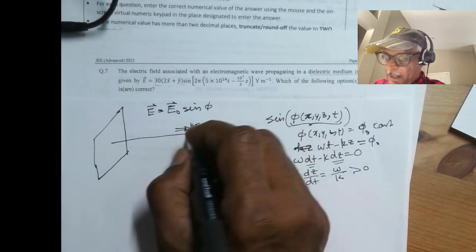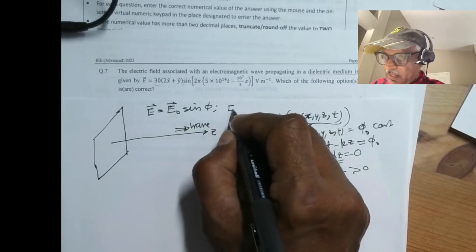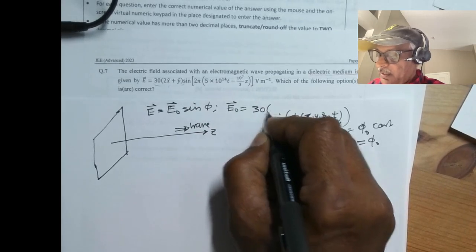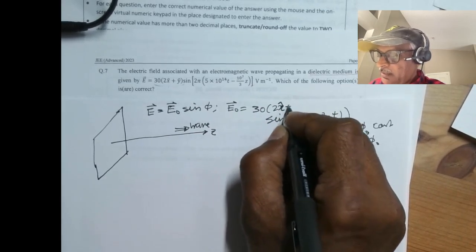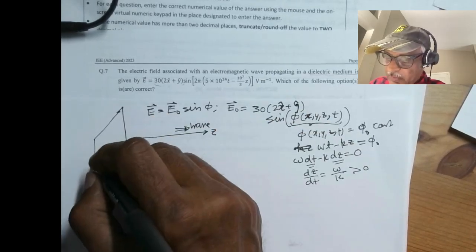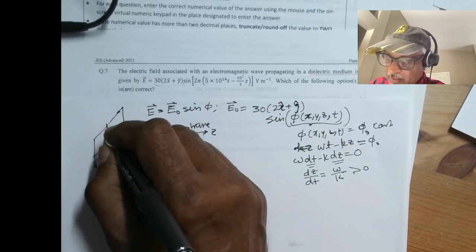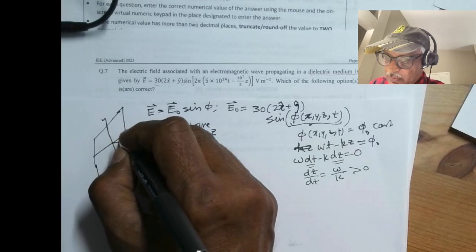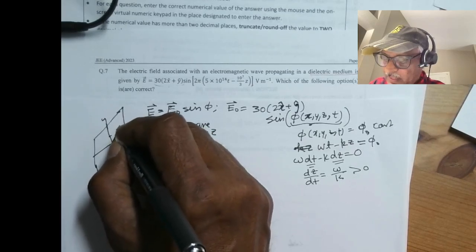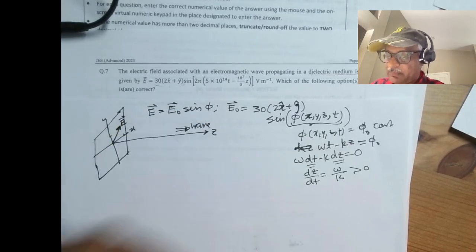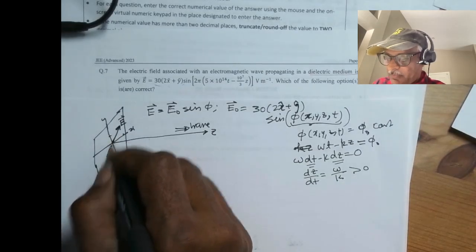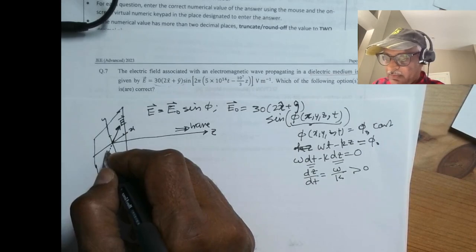And E0 is simply here 30 times (2 x hat plus y hat). So if this was the x-axis and this is the y-axis, then this is 2 and this is 1. So electric field is pointed in that direction, and it's oscillating back and forth in that direction.